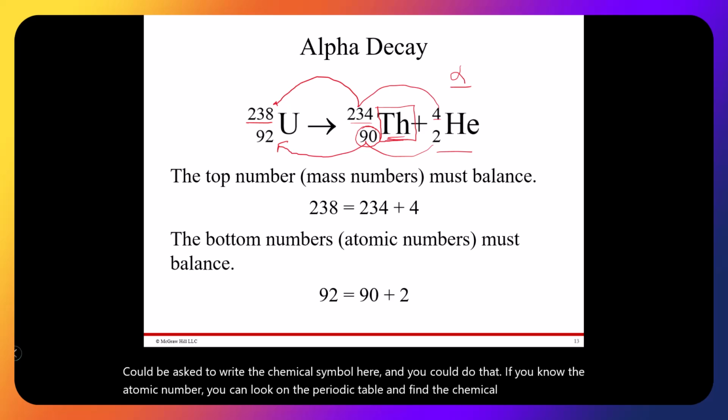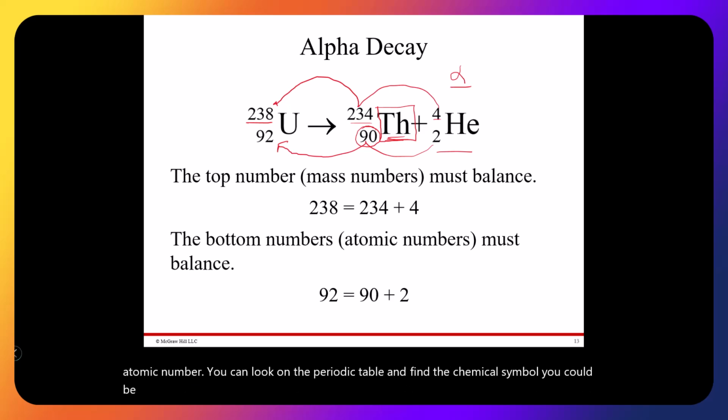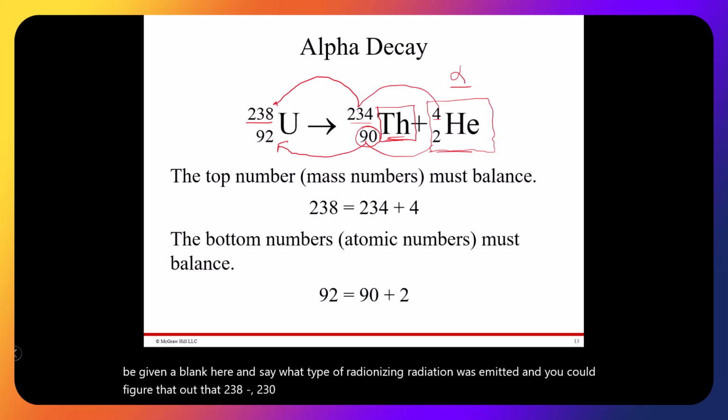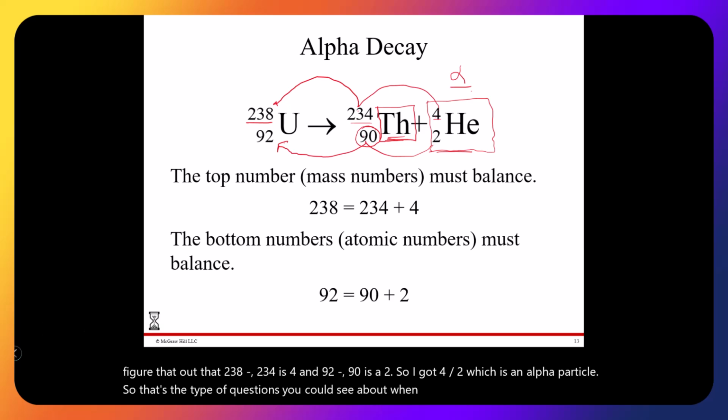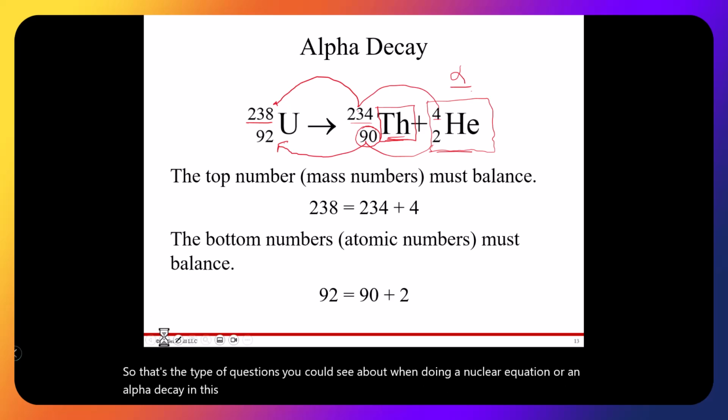You could be given a blank here and asked what type of ionizing radiation was emitted, and you could figure that out: 238 minus 234 is 4, and 92 minus 90 is 2, so I got 4 over 2, which is an alpha particle. So that's the type of question you could see when doing a nuclear equation, or an alpha decay in this case.